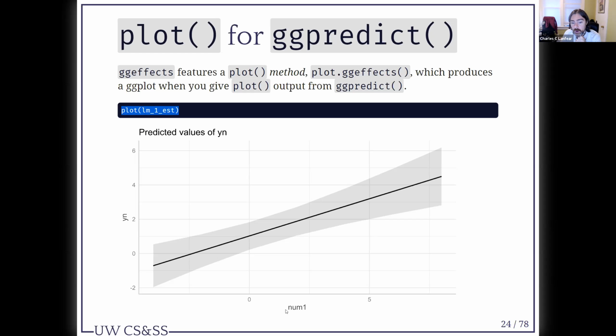So this is num1 variable on the x-axis, my y outcome on the y-axis, the predicted values of y given each level of num1 with a nice confidence interval around it, calculated using the appropriate method. So I think by default, this uses a likelihood profile method for calculating the confidence interval, which is the correct way to do a confidence interval across a counterfactual value.